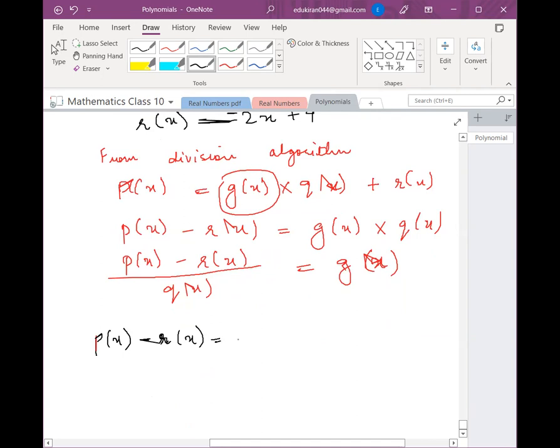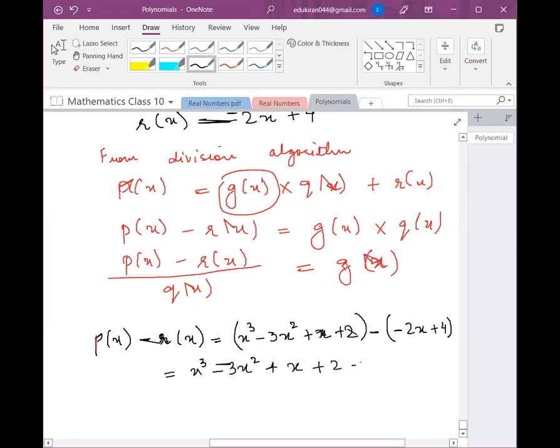What is my P(x)? x cube minus 3x square plus x plus 2. And minus r(x), so put a bracket. Remainder is minus 2x plus 4. Now open the bracket in the next step. So x cube minus 3x square plus x plus 2.